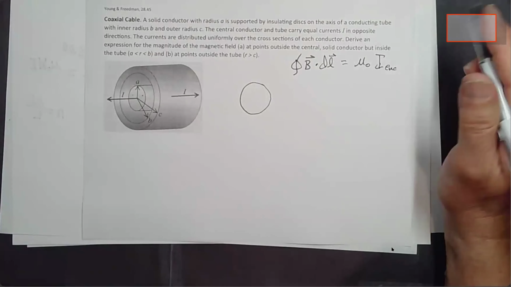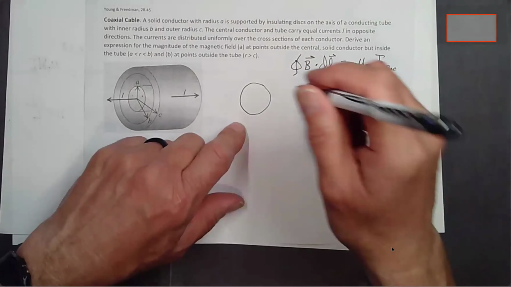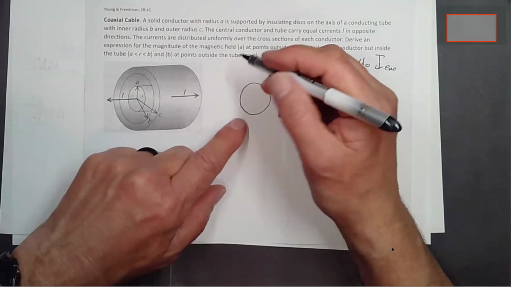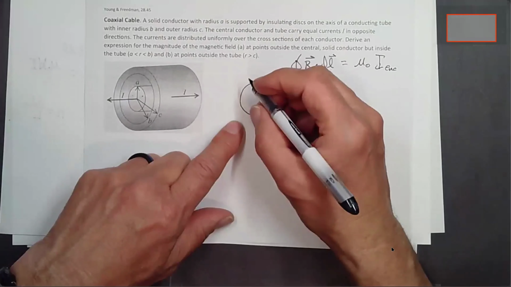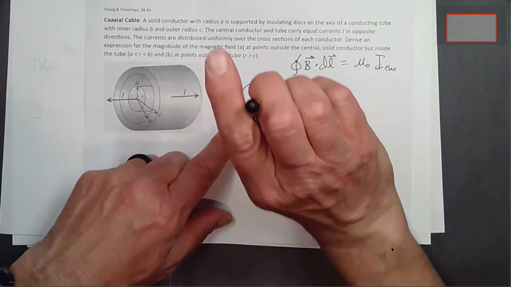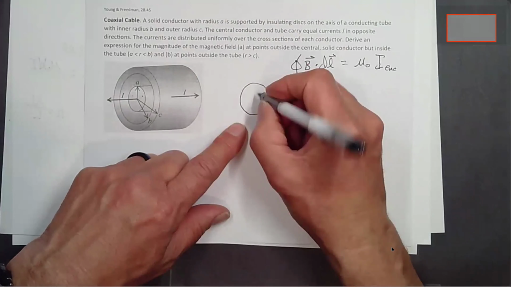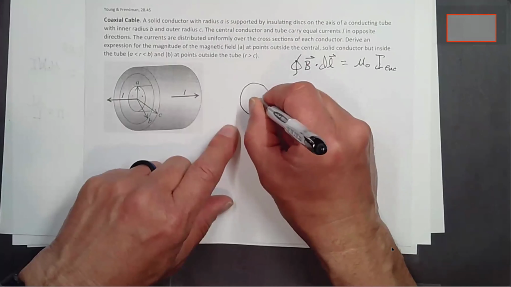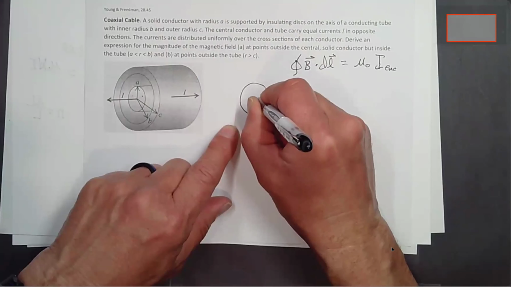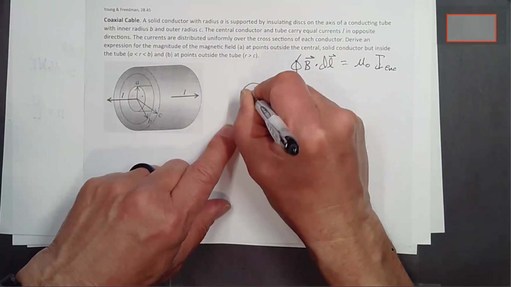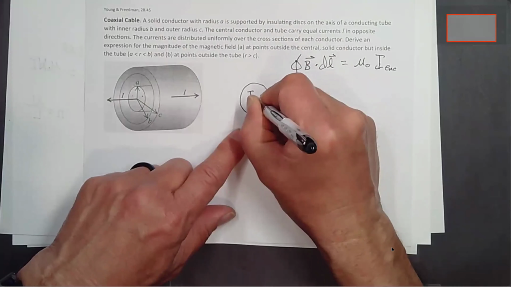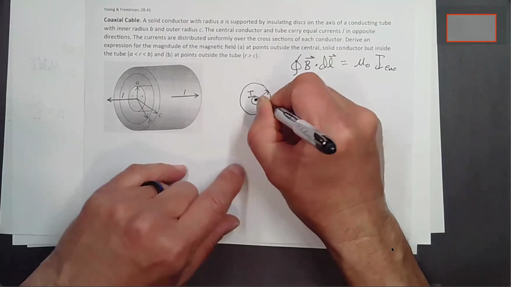And there has to be a direction to I enclosed. If we're looking down that central conductor, its current is coming out of the page at us, and this is the little thing here of radius a.